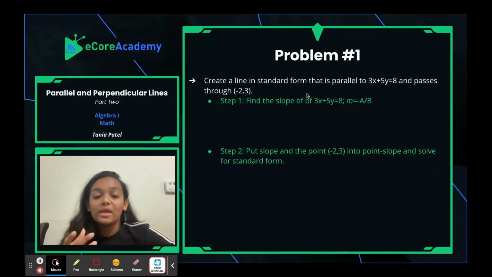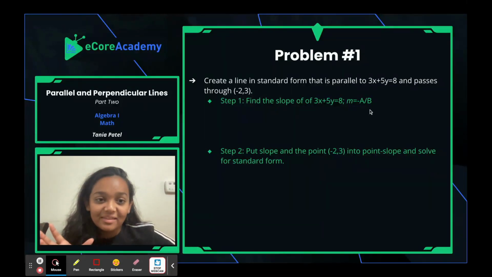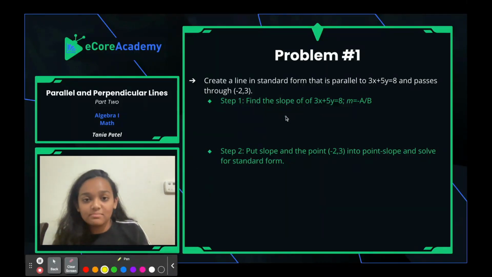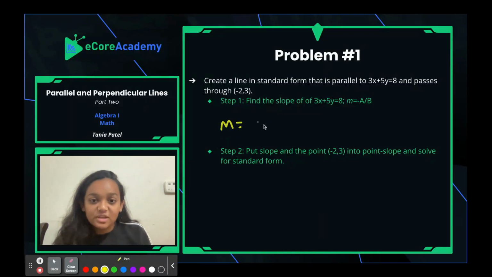The way we find the slope of standard equations is just to divide the a value by the b value and multiply it by -1. Sorry, that was me losing my train of thought, but listen to this part. It's just going to be m equals -a over b.